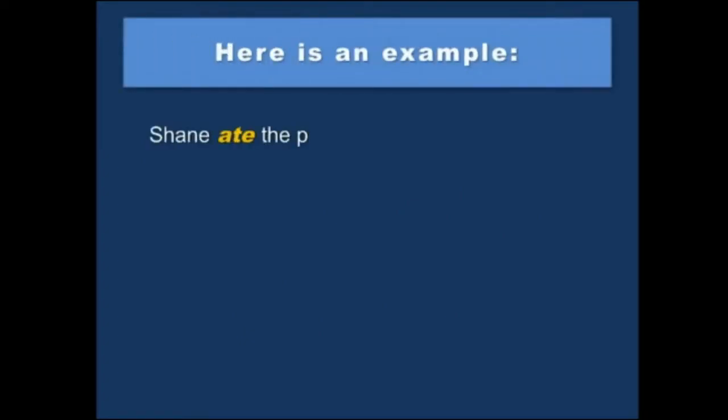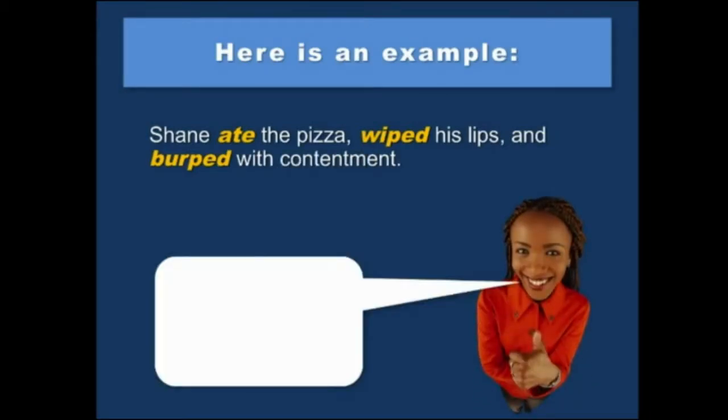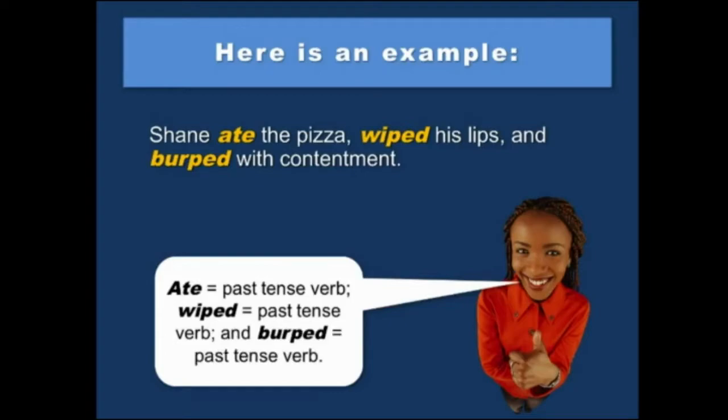Let's try an example sentence. Shane ate the pizza, wiped his lips, and burped with contentment. All three of these words, ate, wiped, and burped, are past tense verbs, hence parallel structure.